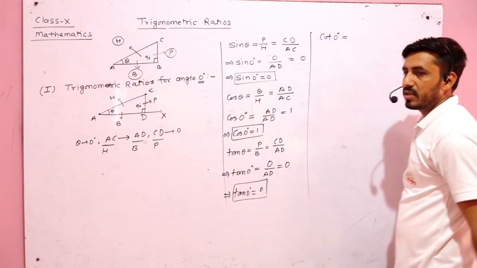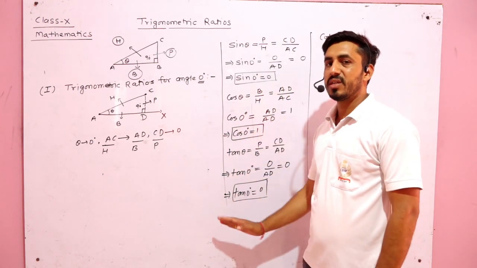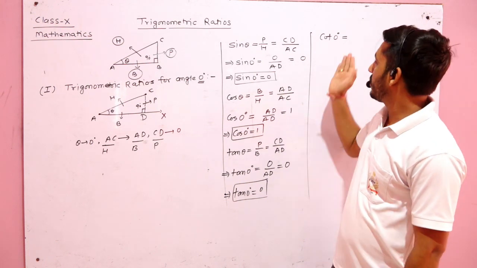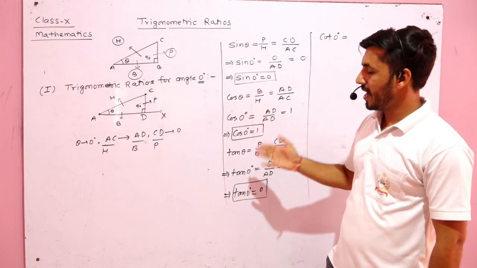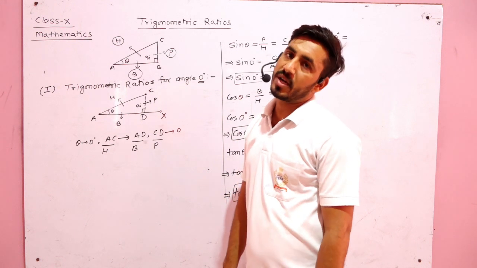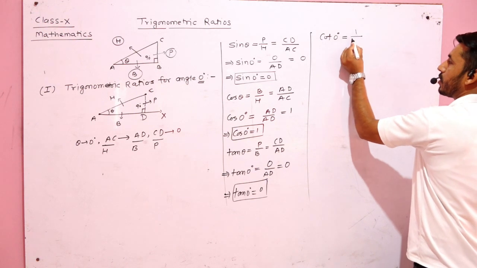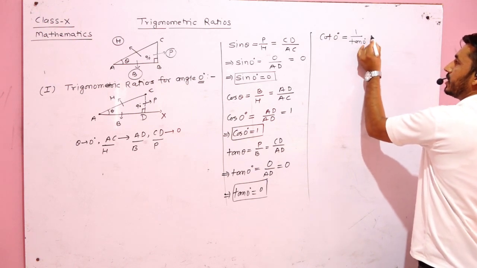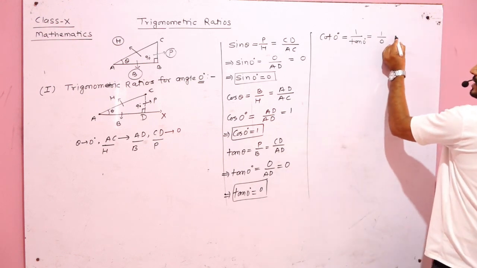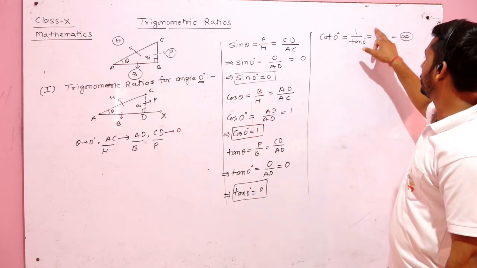As we have studied about the relation of tan theta and cot theta, we have to remember that cot theta is the opposite trigonometric ratio of tan theta. It means I can write cot 0 degree is equal to 1 upon tan 0 degree. Then the value will be 1 upon tan 0. Tan 0 is equal to 0. Then the value will be infinite. You have to remember this one.